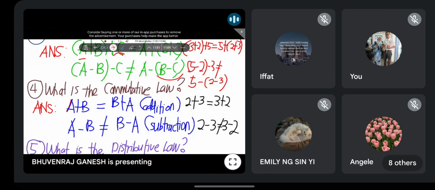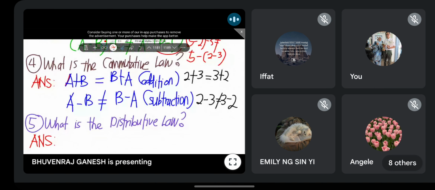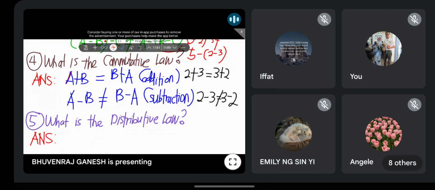These are the two laws so far. The last one is the distributive law. Can anyone explain what the distributive law tells you? Sorry if I suddenly make it like a history lesson, guys. Suddenly laws come into mathematics, but these are the only three things you need to know.